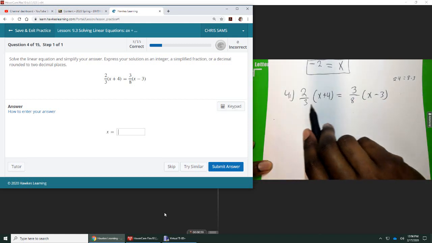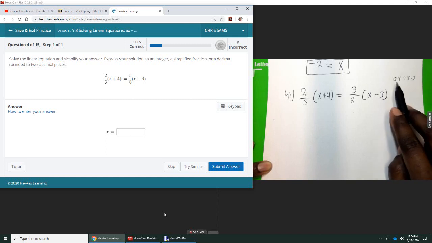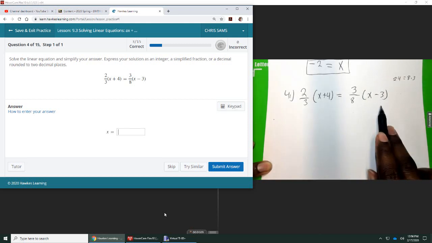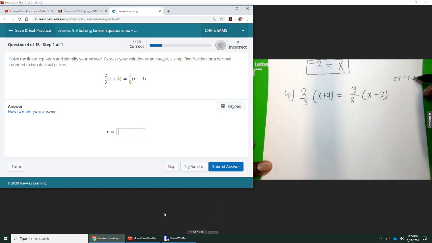So when I multiply, I'm going to write it as 8 times 3 this first time so you can kind of understand what's going on. But we're really just multiplying by 24, and that's going to get rid of these fractions, okay? So I'm going to multiply this side by 24, which is 8 times 3.